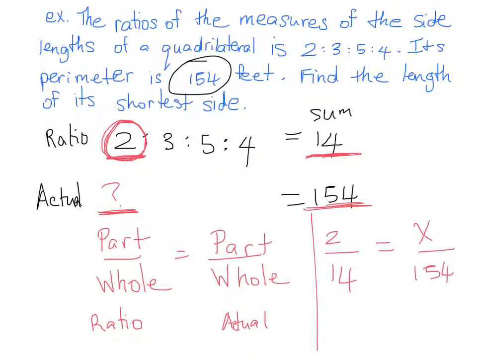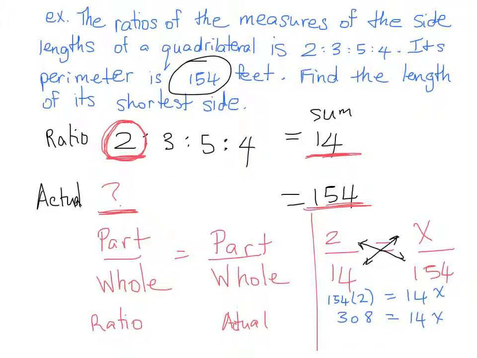Now we can cross multiply to figure out what x is. Remember, cross multiply. We get 154 times 2 on the left side, and on the right side, we get 14x. 154 times 2 is 308, and that is equal to 14x.